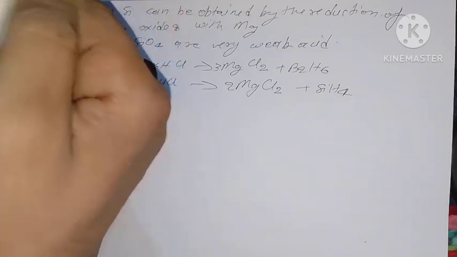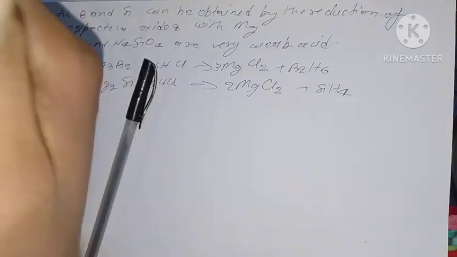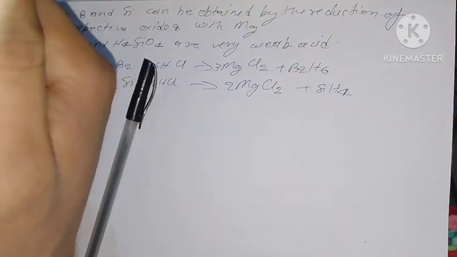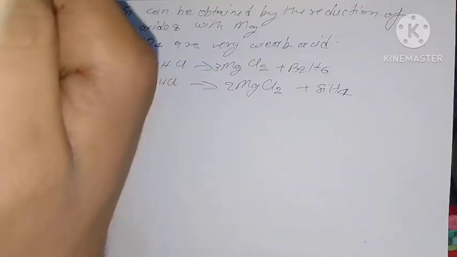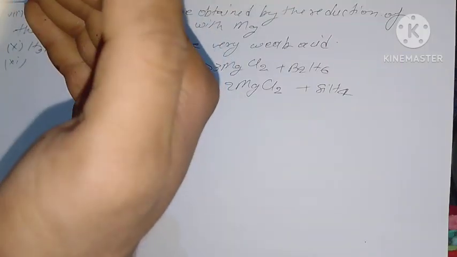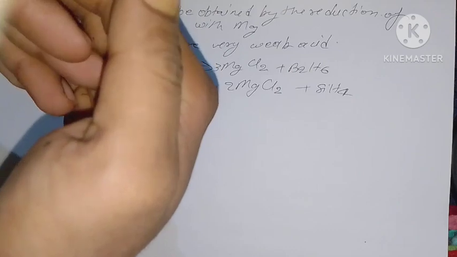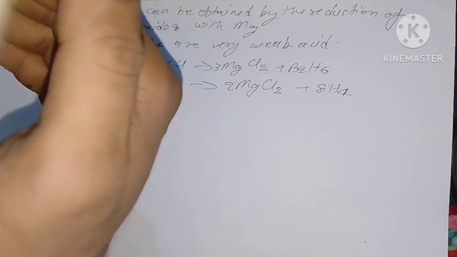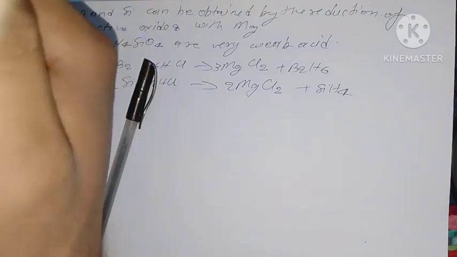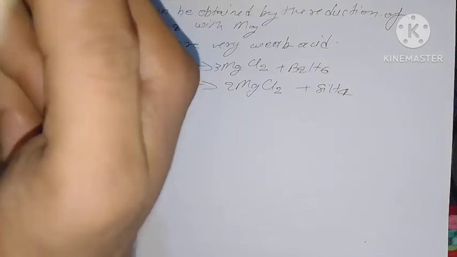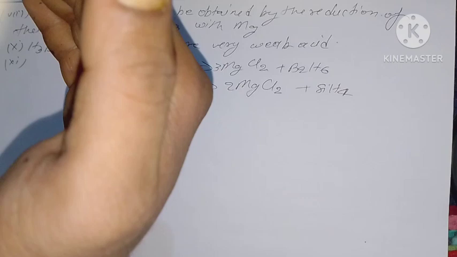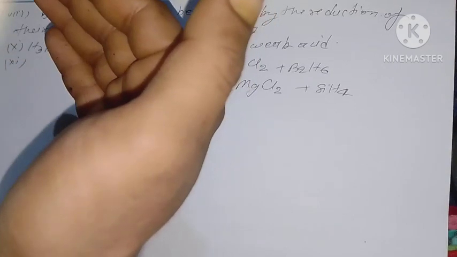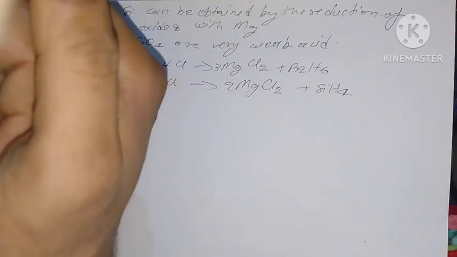Boron and silicon are not attacked by water under any condition, hence boron 3+ aqueous and silicon 4+ aqueous do not exist. Both can be obtained by the reduction of their respective oxides with magnesium. H3BO3 and H4SiO4 are very weak acids. B2H6 and SiH4 are prepared from borides and silicides by the reaction of dilute acids.